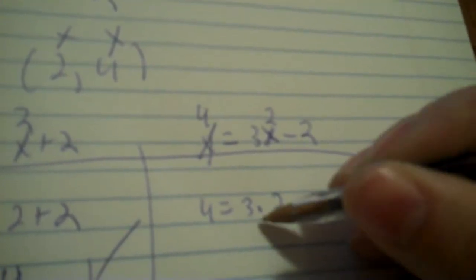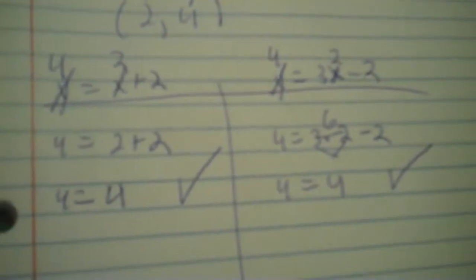So 4 is equal to 3 times 2 minus 2. So first you times, 3 times 2 is 6. 6 minus 2 then is 4. Okay, so on each one we got the same number.